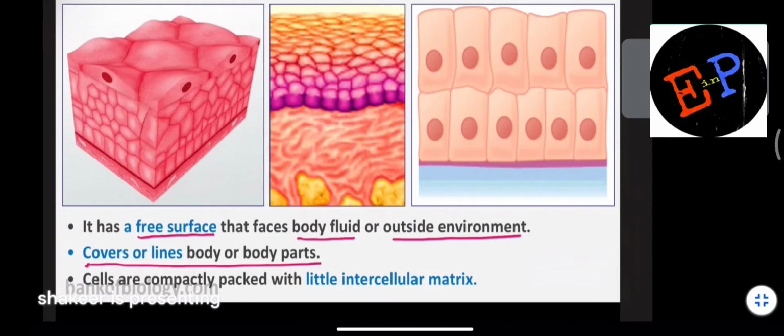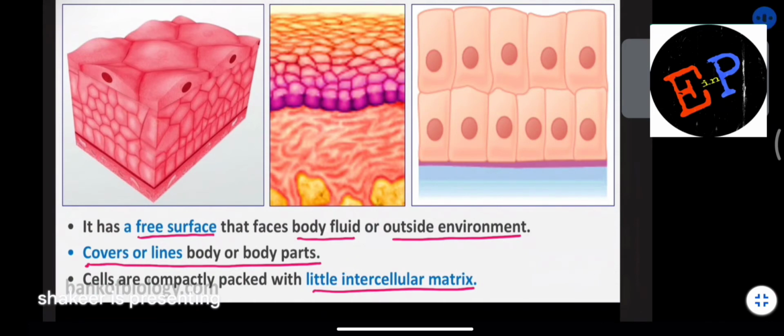Clear, no? So cells are compactly packed with little intercellular matrix. What is meant by intercellular matrix, ma? Already we have studied it previously one time. Intercellular matrix is the substance which is present between two cells. Are you able to understand, ma? The material present between two cells is called intercellular matrix, and most of the time it will be dead matter itself.